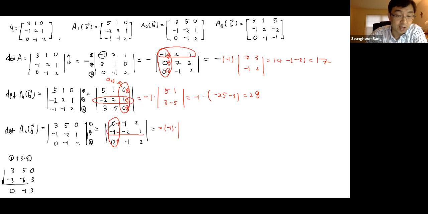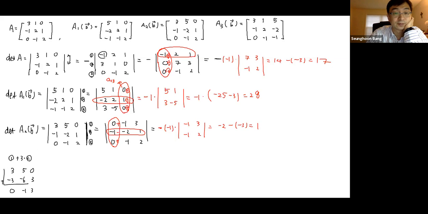So eliminate second row, first column: minus 1, 3, minus 1, 2. So minus 1 times minus 1 is positive 1. Minus 1 times 2 is negative 2, minus negative 3, exactly 1. So we have 1. This is determinant A2B.